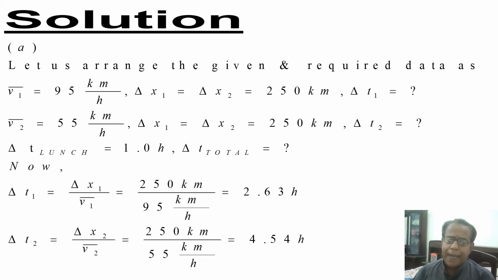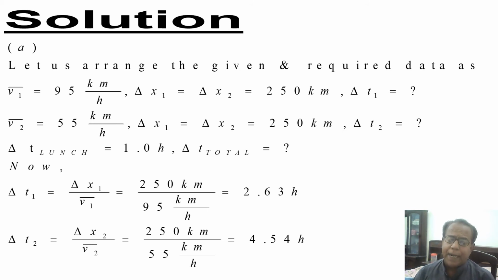Similarly, delta t2 is equal to delta x2 divided by v2 average. This alternatively becomes equal to 250 kilometers divided by 55 kilometers per hour. In the first case we were dealing with 95 kilometers per hour, but here we are dealing with 55 kilometers per hour.